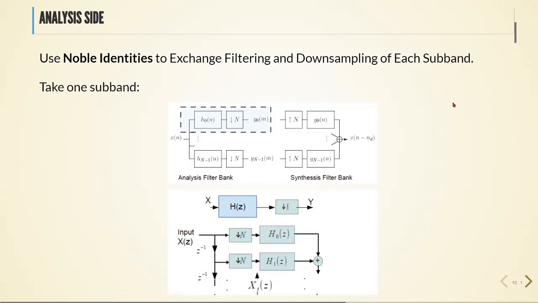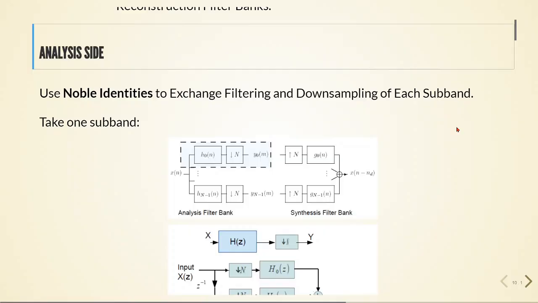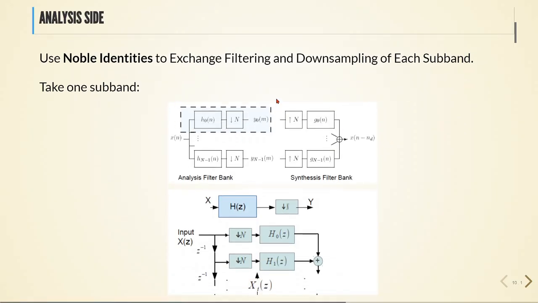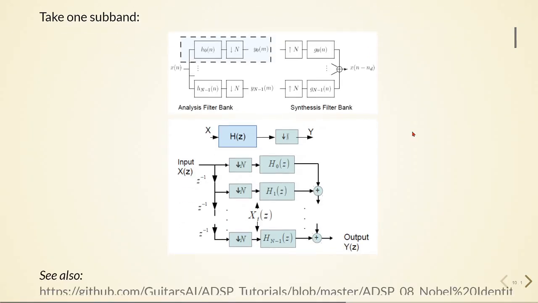Here we'll take a look at the analysis side, the analysis filter bank, and we can use noble identities to exchange filtering and downsampling of each subband. For example, if we take just one subband with filtering and downsampling, we can use noble identities, and we will have downsampling and then filtering.